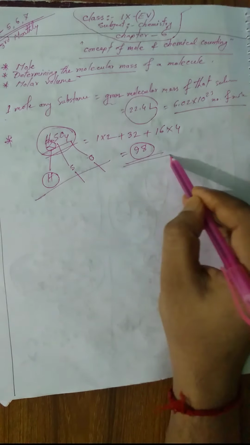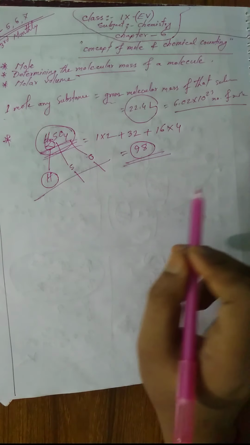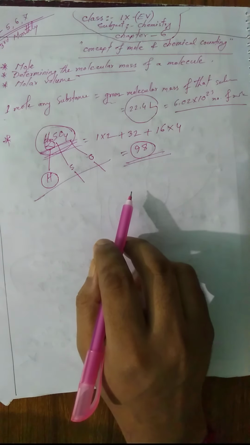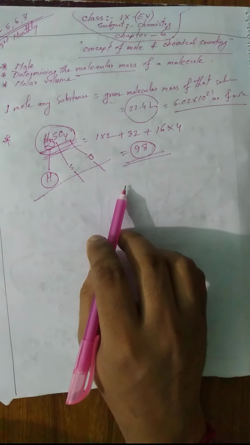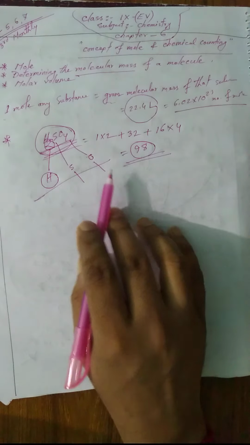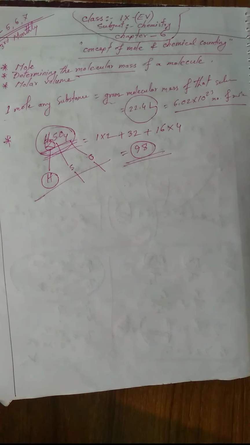So 98 is the molecular mass of H2SO4. So we can say that the summation of atomic masses of the elements that constitute the compound denotes the molecular mass.